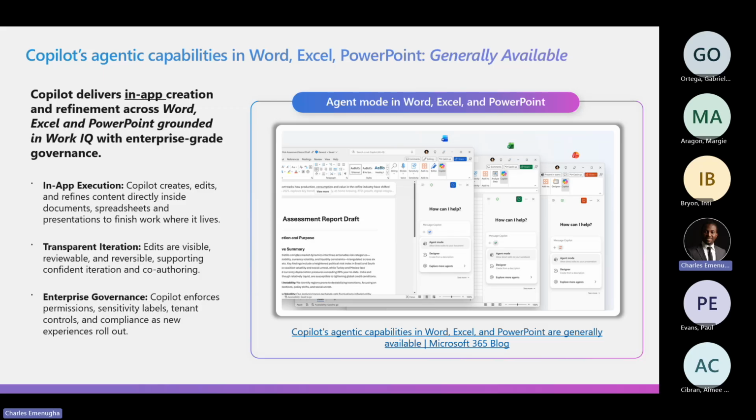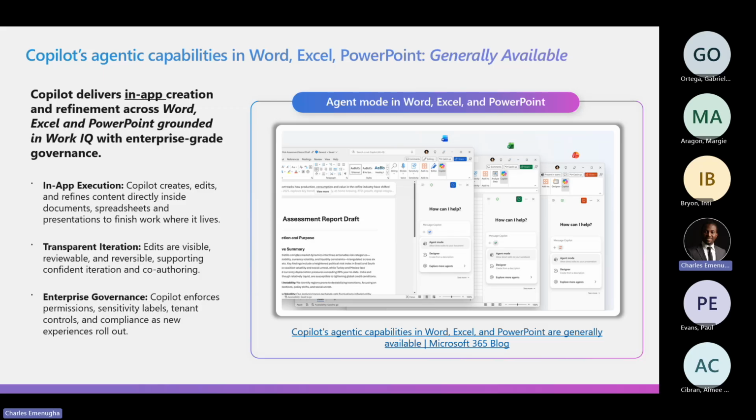This is really about what we call Wave 3 of Microsoft 365 Copilot, which brings the creation and refinement directly into apps that you use every day: Word, Excel, PowerPoint, and even Outlook. You use these to create, edit, or even refine content end to end, rather than generating something and leaving you to finish it manually.